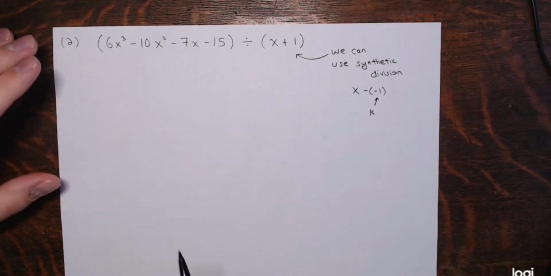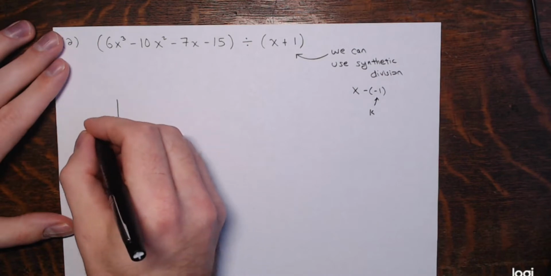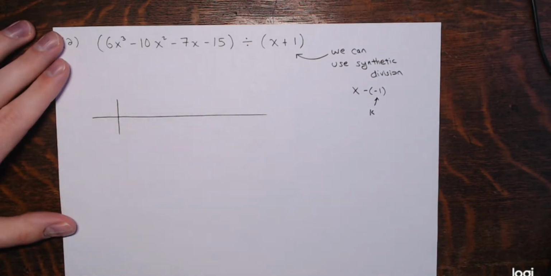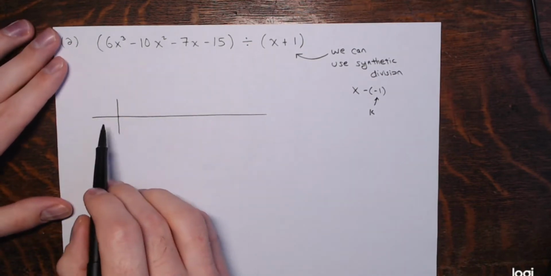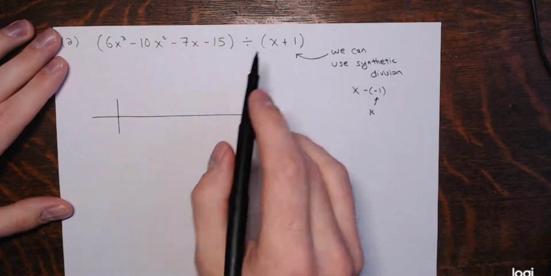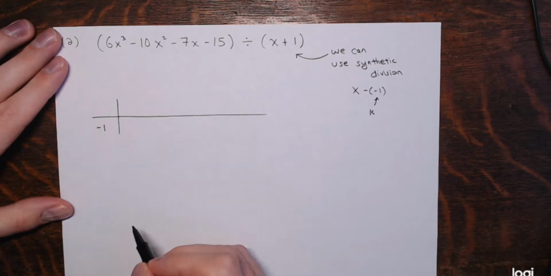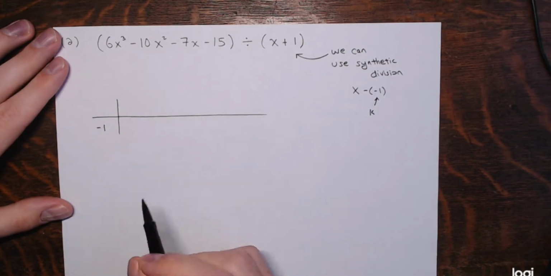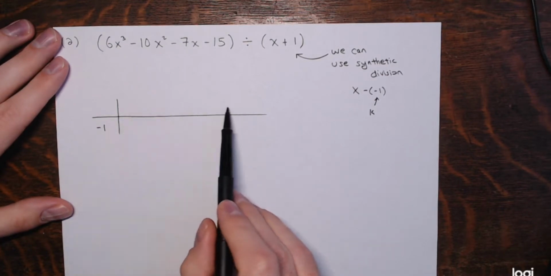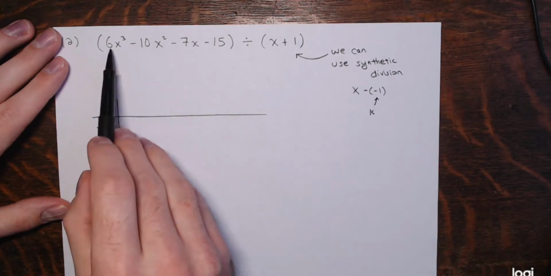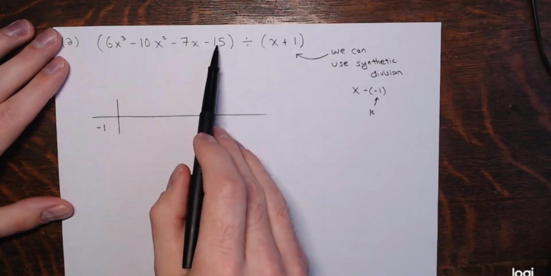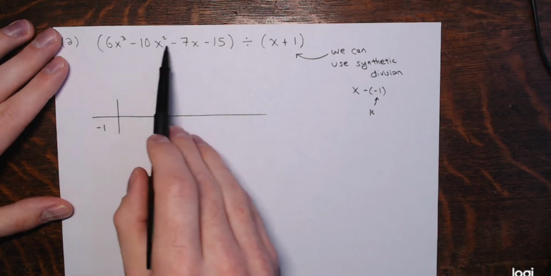Okay, so I make this big cross thing, big sideways T thing, right? In the lower left corner, I put k, which is -1 if the divisor is x plus 1. Then in the upper right section, I put the coefficients of the dividend, the numerator, in order without skipping any powers.